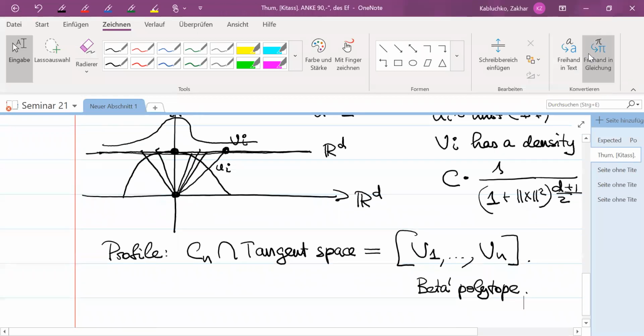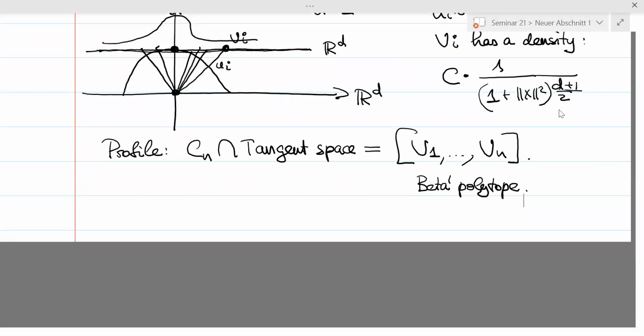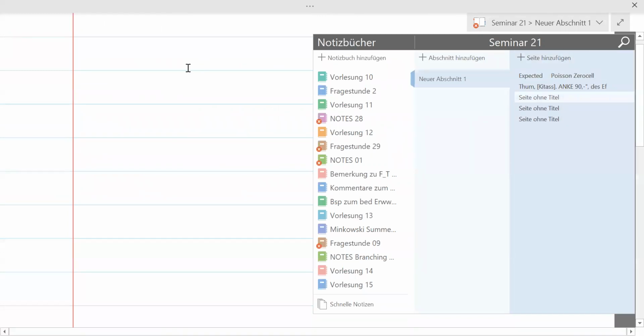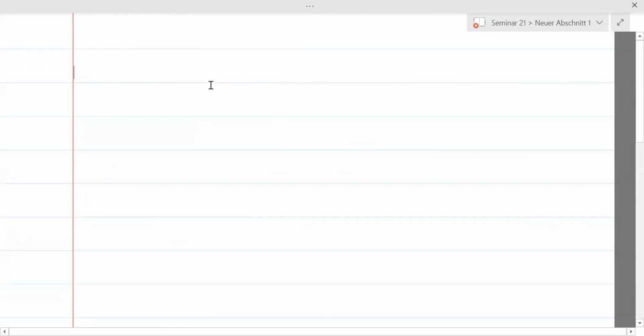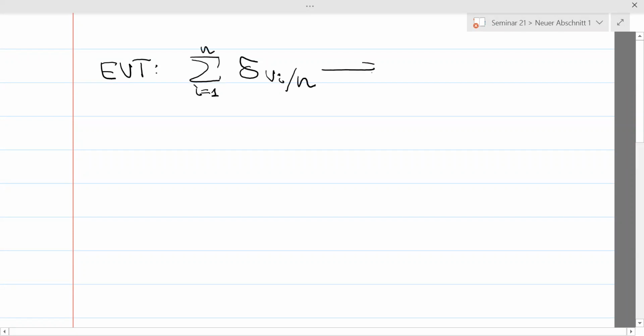Namely, one can prove, it's a well-known result of extreme value theory, that if I take all these points V_i, which have Cauchy distribution, divide them by n, and take the point process of these points, then this point process converges to a Poisson point process with intensity given by some constant divided by |x| to the power d+1.